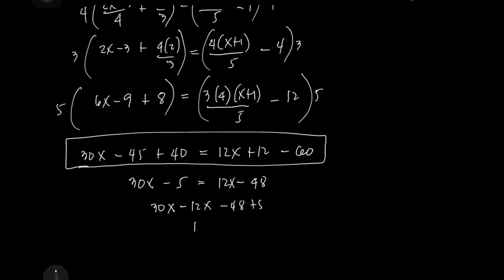So 30 minus 12, that's 18x = -43. Then dividing by 18 on both sides, we have x equal to -43/18. So therefore your solution for this is -43/18.